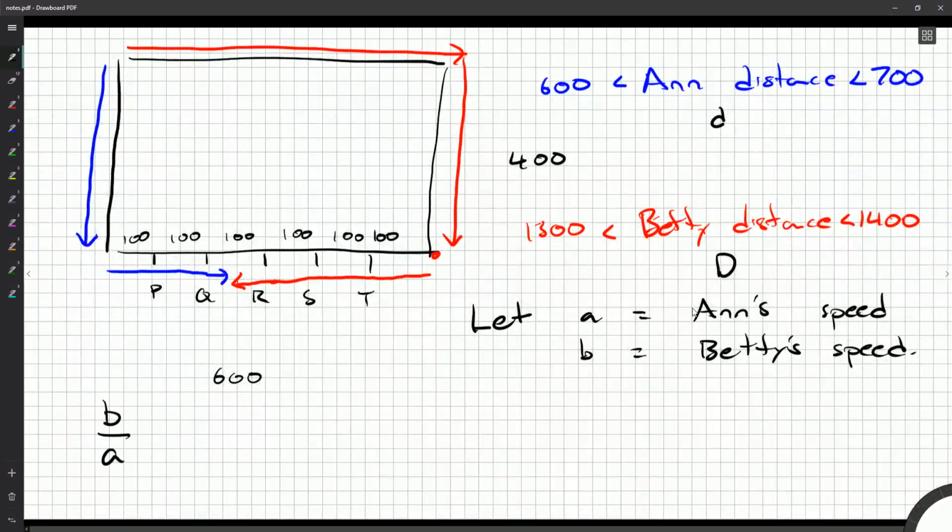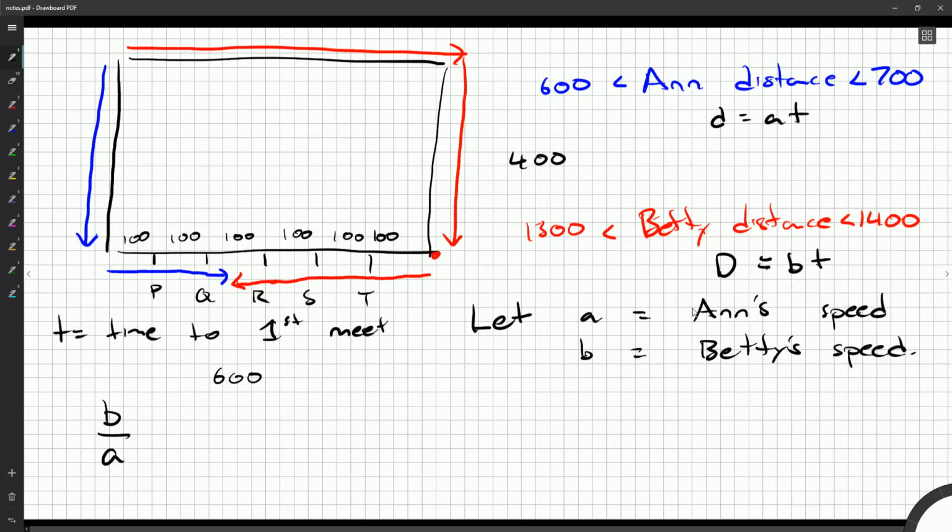Well, what do we know? I know that the distance Betty travels is her speed times the time, let's call it t, the time to first meeting. And Anne's distance is also speed times time, and it's the same time in each case.